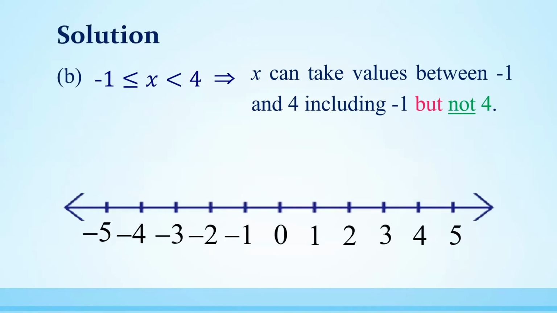So on my number line, because -1 is included, I'm going to have a shaded circle. 4 is not included, so I'm going to have an unshaded circle. So this is the representation. See, it's not so complicated.